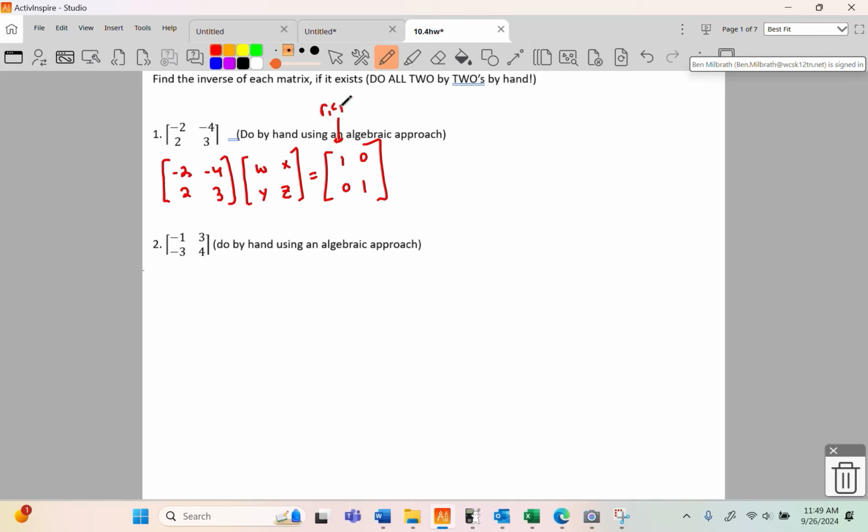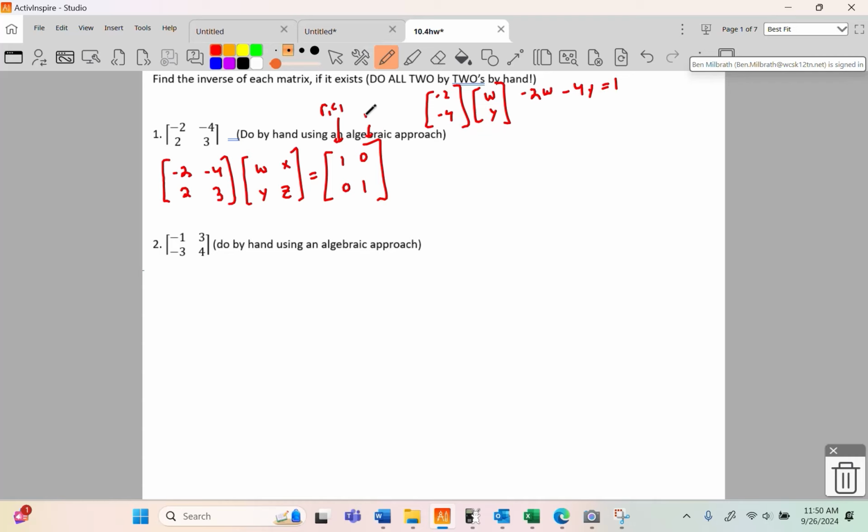This is in row 1, column 1, which means I take this row and I multiply it by that column. So -2, -4 times W, Y, and I do the dot product, I get -2W minus 4Y, and it has to equal 1. I just write a system of equations. It's pretty quick if you can do this stuff in your head, but if you can't, it's not that quick.